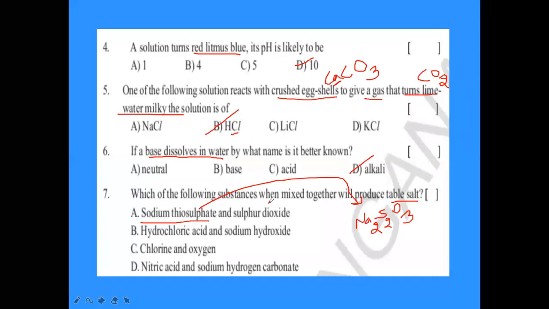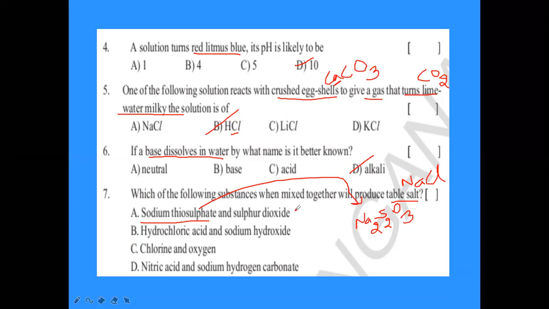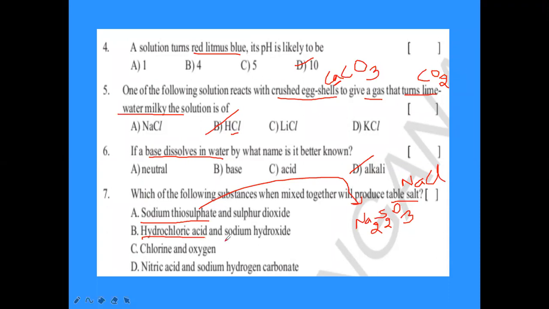Which of the following substances when mixed together will produce table salt? Table salt means NaCl. When will NaCl be formed by mixing substances? First one: sodium thiosulfate and sulfur oxide. Next, hydrochloric acid, HCl, and sodium hydroxide, NaOH. HCl plus NaOH will produce NaCl.